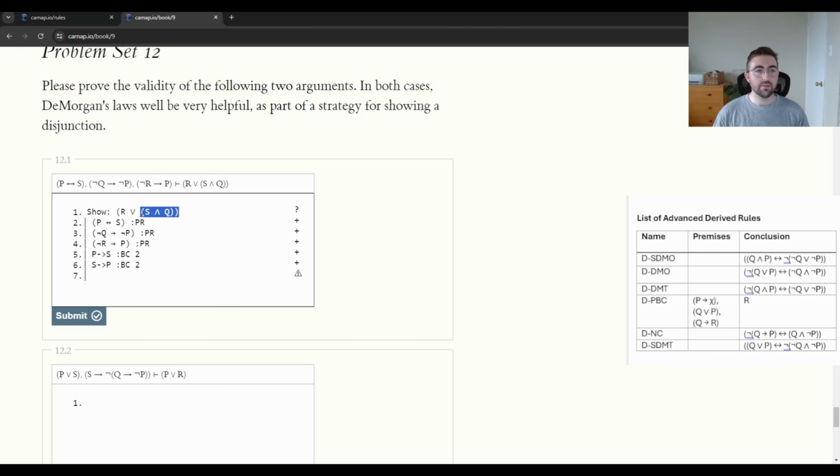Now let's look at what we have here. We have R or S and Q. Well, it's not obvious how we would go about demonstrating this just from what we have here. But if you take a glance at our new advanced derived rules, you'll see that there is a rule here where our main connective is an OR. It's substitution De Morgan 2.